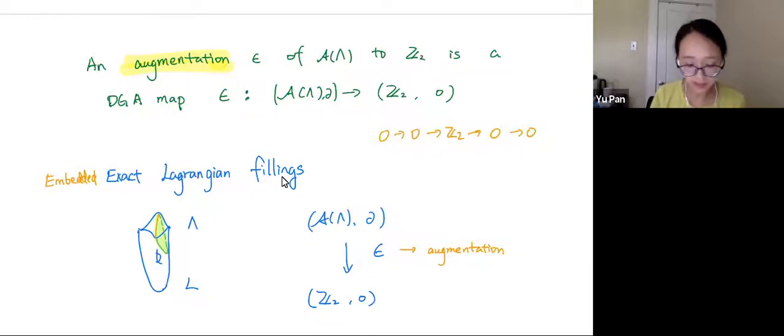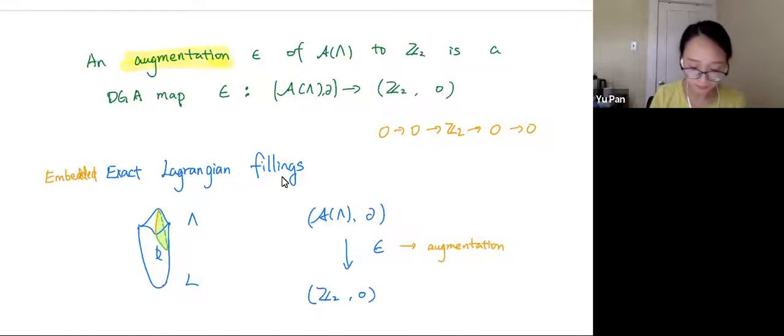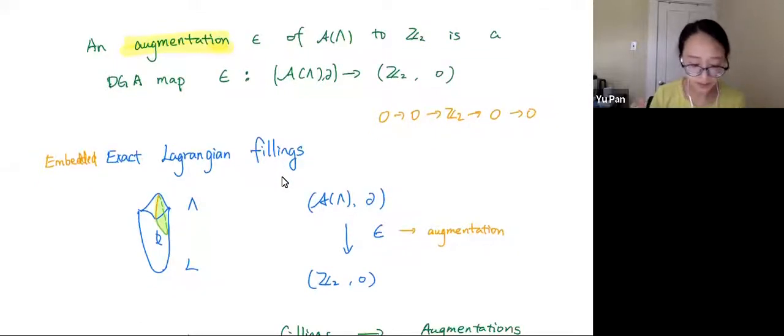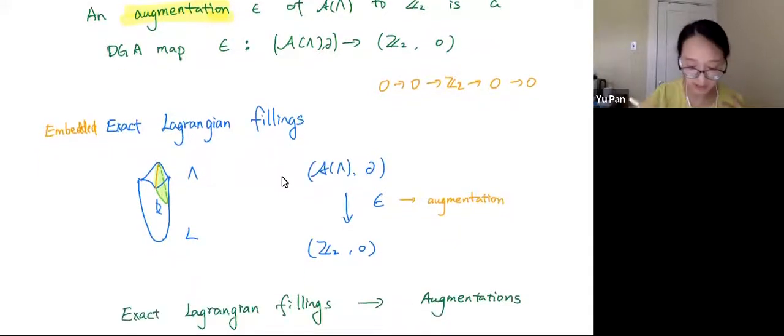So this is an augmentation. Augmentation is just a DGA map. But this algebraic thing can actually have a lot of connection to the geometrical thing, which is the embedded filling we talked about earlier, right?